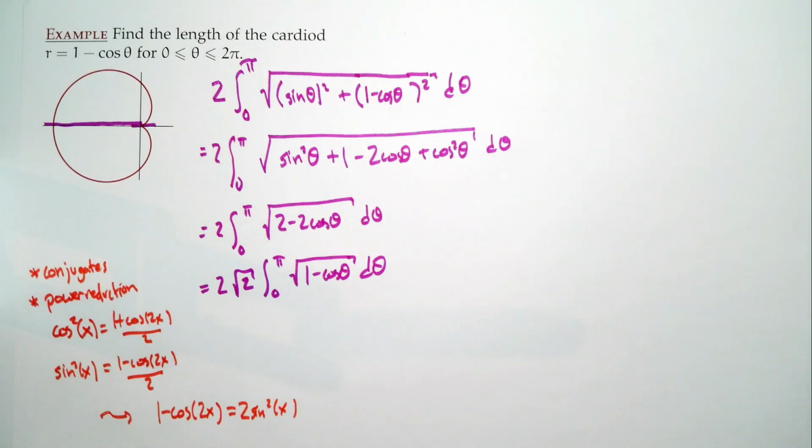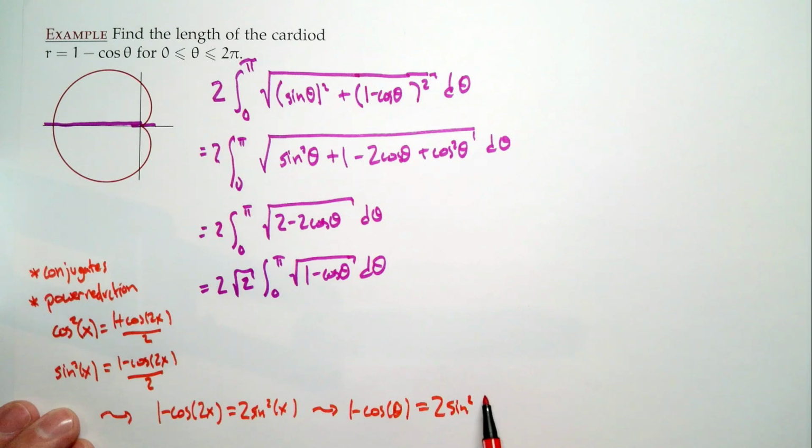We need to have 1 minus cosine theta. So what does 1 minus cosine theta equal? Two sine squared of theta over 2. Right, because essentially what we're doing is replacing 2x by theta. Or another way of thinking of it is x is half of theta.